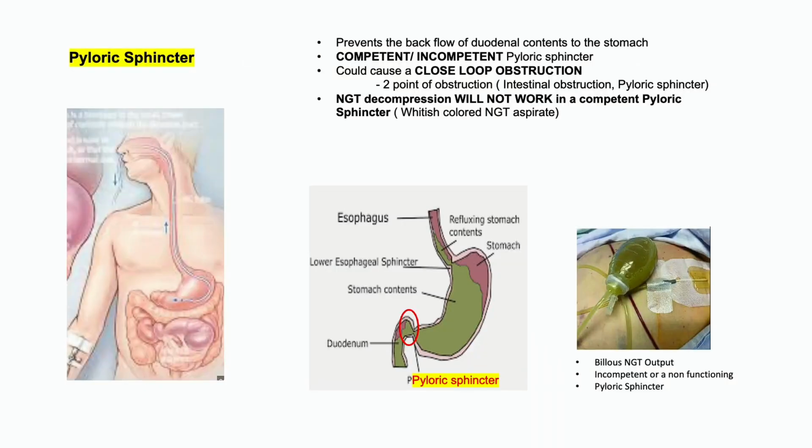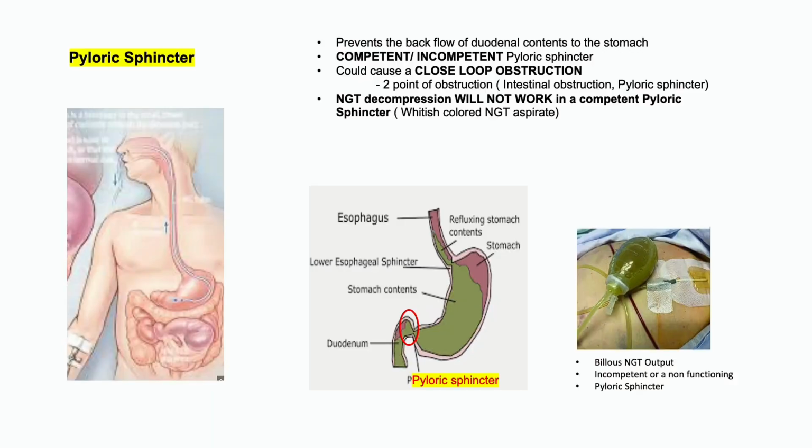Intestinal decompression via the insertion of a nasogastric tube is one of the important mainstays in the preoperative management of obstructed patients. However, the ability of the NGT to decompress will depend on the function or competency of the pyloric sphincter, which when functioning or competent prevents the backflow of the intestinal contents back into the stomach, as manifested by a whitish NGT output.